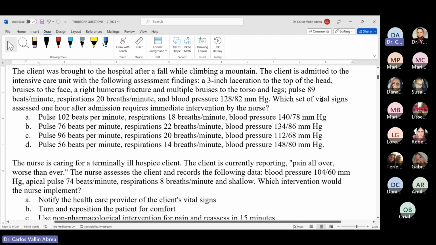Which set of vital signs assessed 1 hour after admission requires immediate intervention by the nurse? Notice that it is a question of trend, of evolution. So which of these vital signs 1 hour later make you suspect that something bad is happening? Now you have the first pulse, a mild tachycardia.